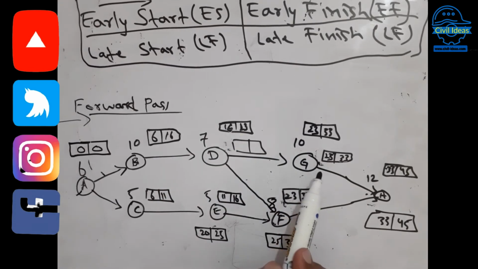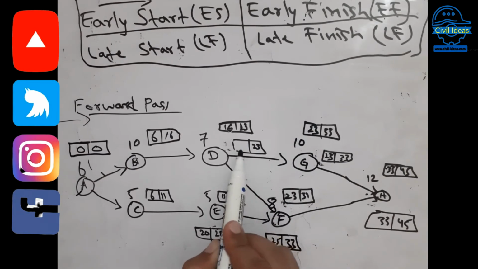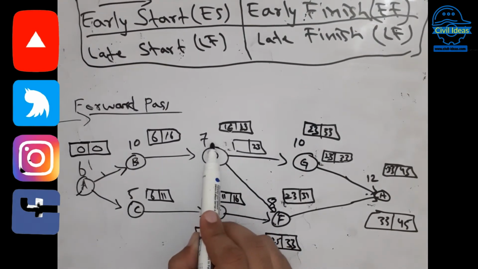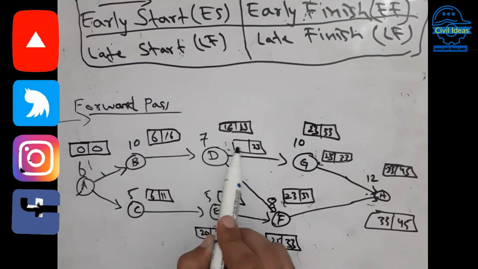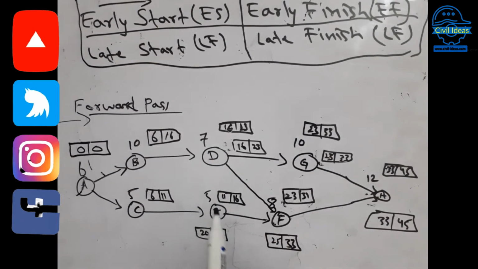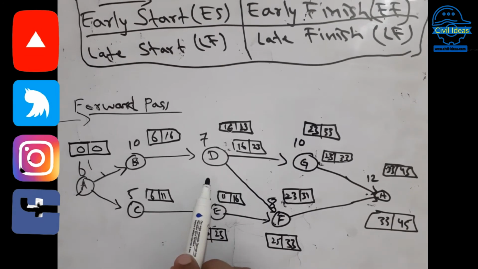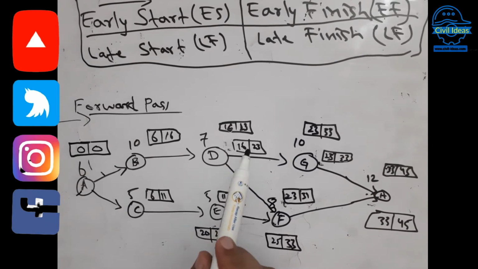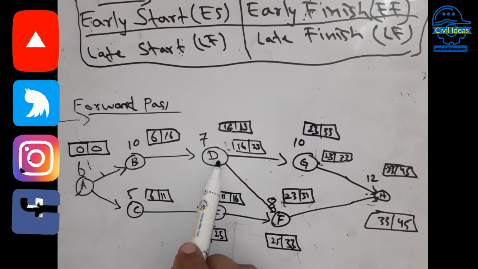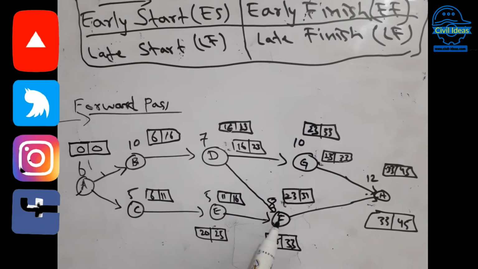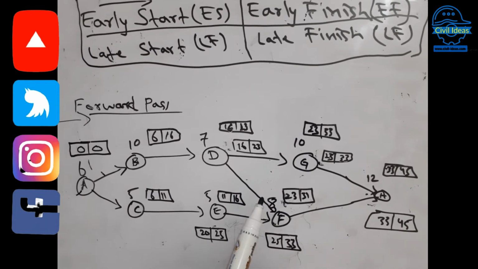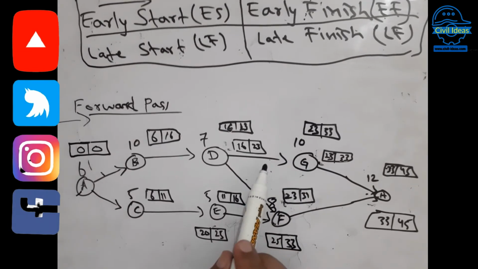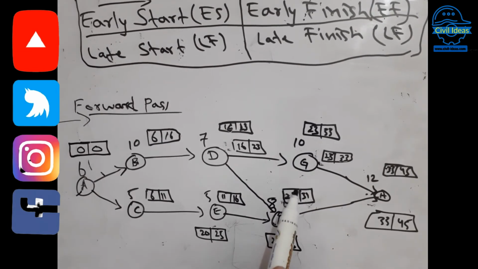The late start here is 23, and 23 minus 7 days, the activity duration. So 23 minus 6 is 16. Here there are two successors after D, activity G and activity F. Both activities start after D and run parallel to each other, so you have to consider both values and decide which one to take.